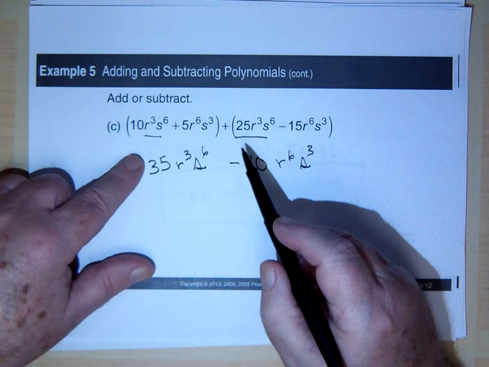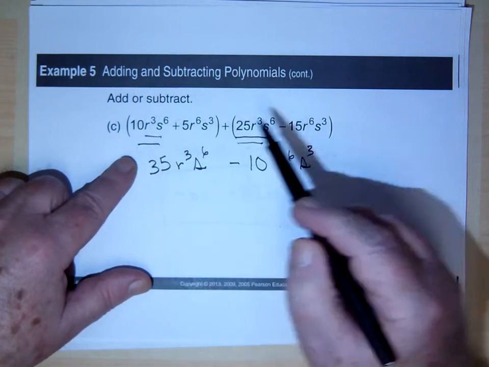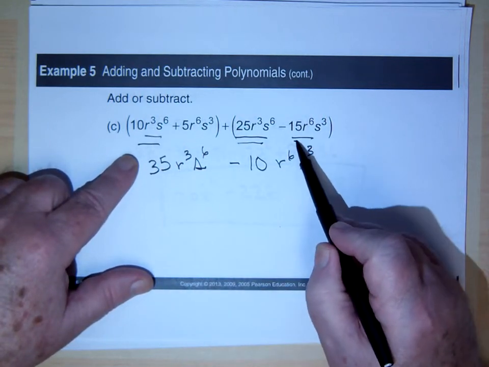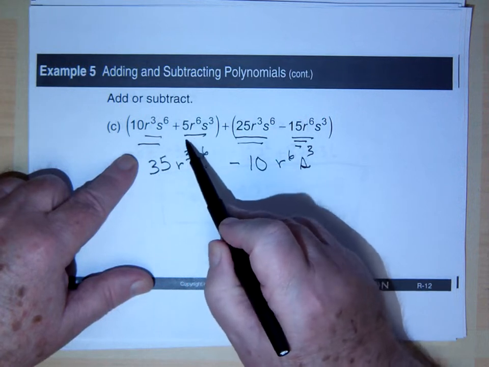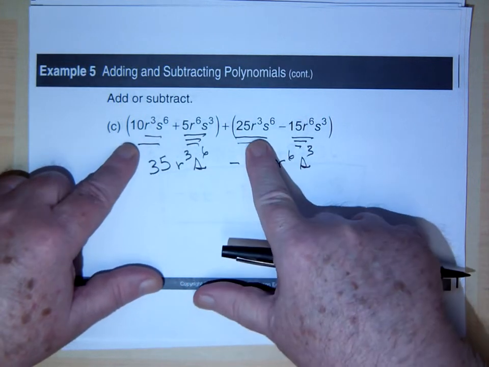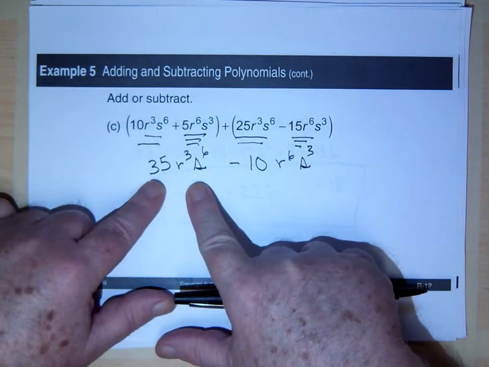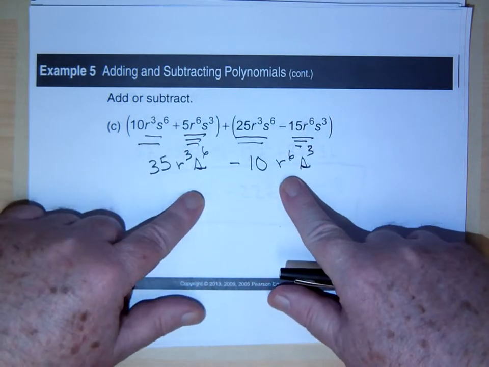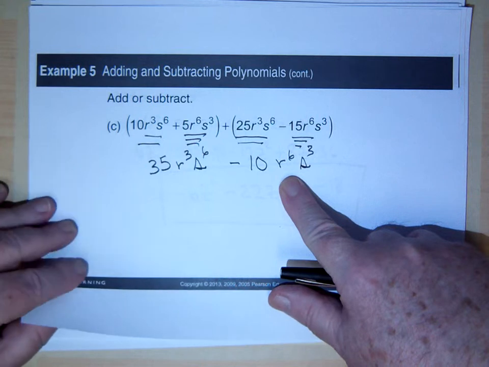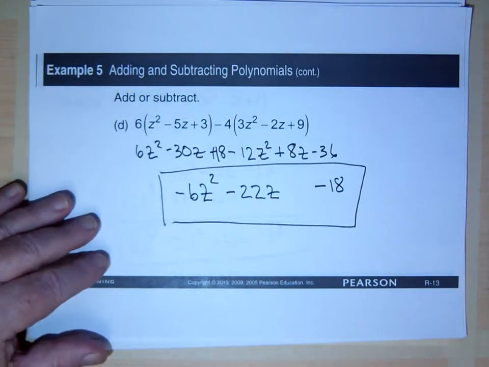Here, the like terms are the ones that have the same variables and the same exponents. So these are the like terms that I combine. When I combine these, I will get 35r cubed s to the 6th. When I combine these, I will get negative 10 r to the 6th s cubed.